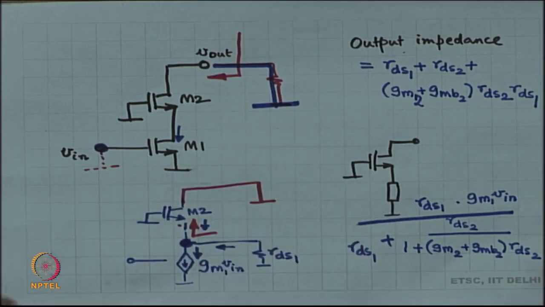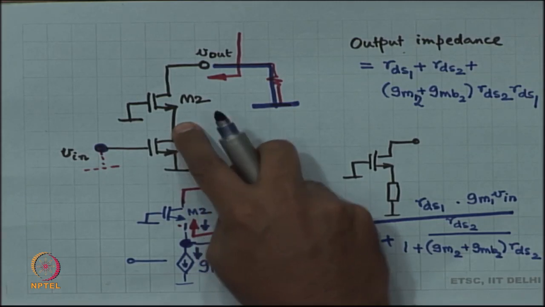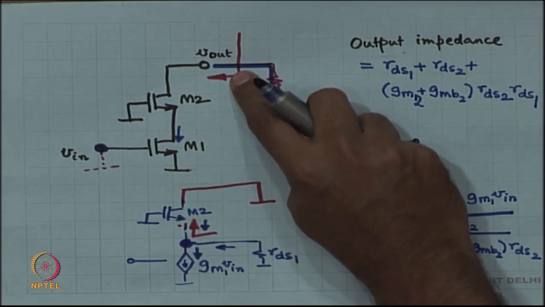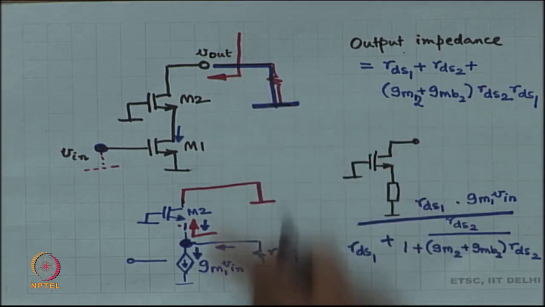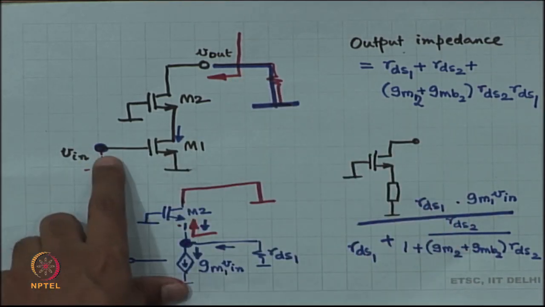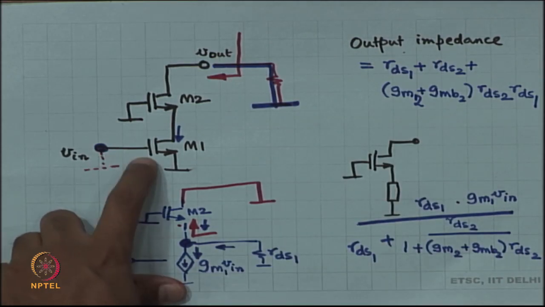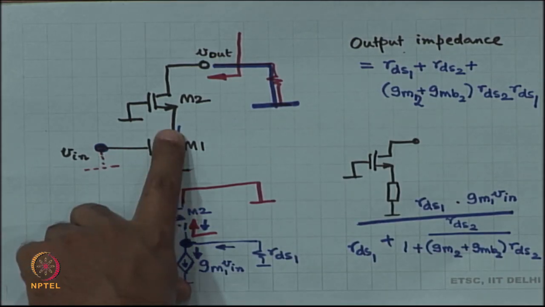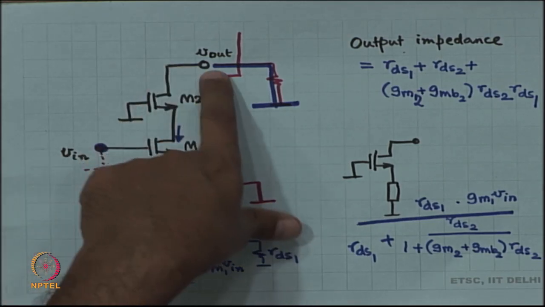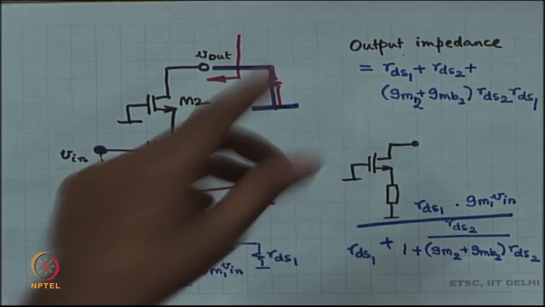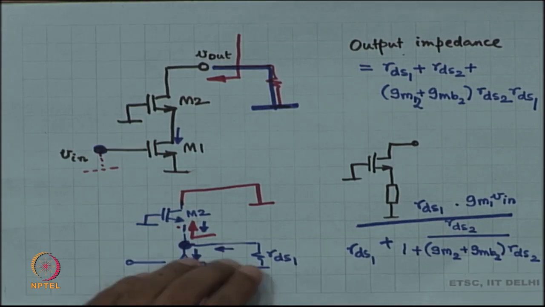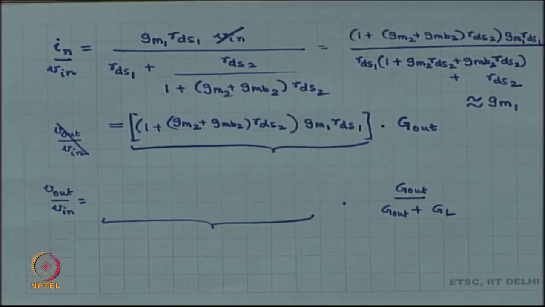So, at every step you are seeing over here that it is a very nice current source. It is current controlled over here, and then it is a current source, because the output impedance is very large. Overall, the circuit becomes a nice voltage controlled current source. Okay. I have applied a voltage, I got GM times the voltage as the current, and the output impedance is very high, which means it is a very nice voltage controlled current source.